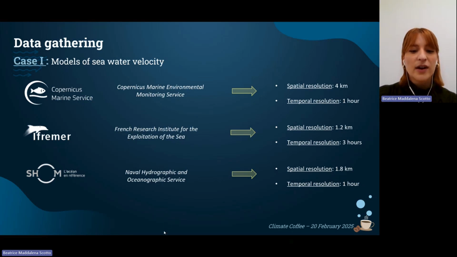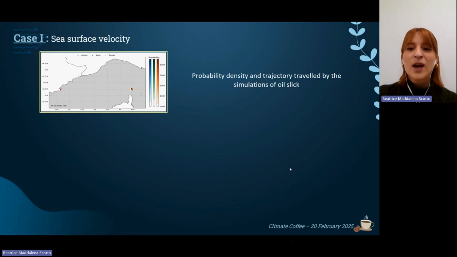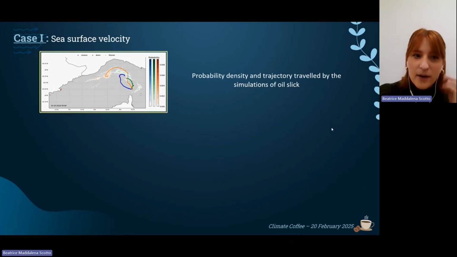And so having all of these data, we could produce our first results. Here you have an animation which shows you the trajectory of the three oil slicks corresponding to the associated model. We have in blue the Copernicus, in green the Shom, and in orange the Ifremer one.